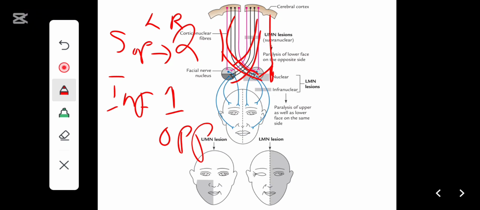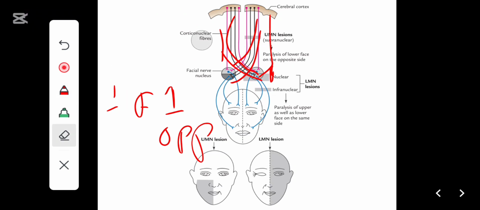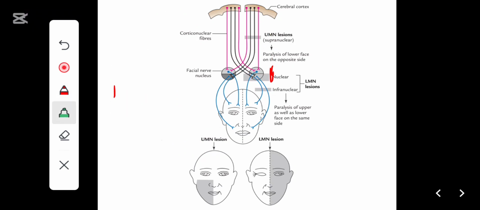So let's say we have a lesion on this side. You're going to see that the one that's going to suffer is the inferior part of the opposite side. Why? Because the left side is the only one providing innervation to the bottom part of the right side.